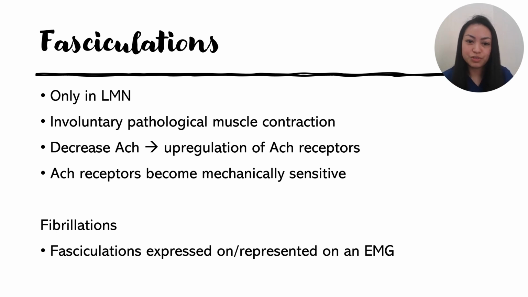But because there are now so many of them, they become mechanically sensitive, so that even when you tap the muscle, that mechanical stimulation is enough to generate an action potential. That's why in lower motor neuron lesions we see fasciculations.